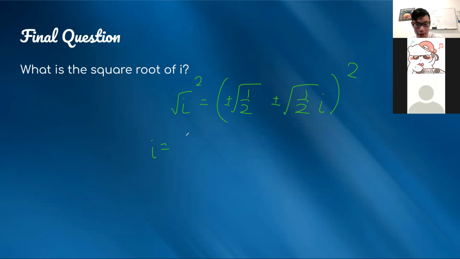And then we can square this. Again, we're foiling, right? What's square root of 1/2 times square root of 1/2? Well, that's just 1/2. It might help for me to write this out for you guys.